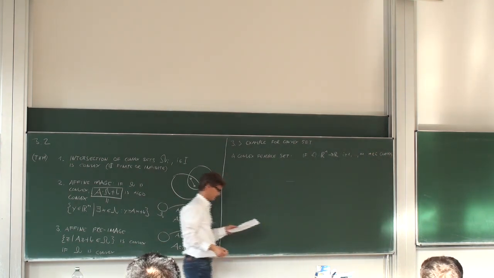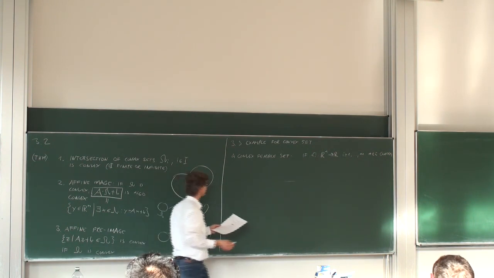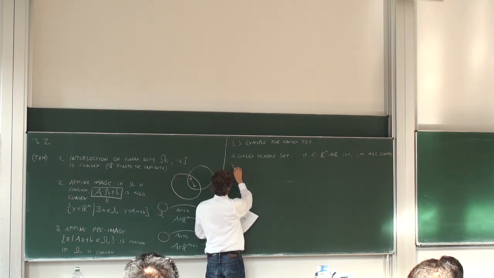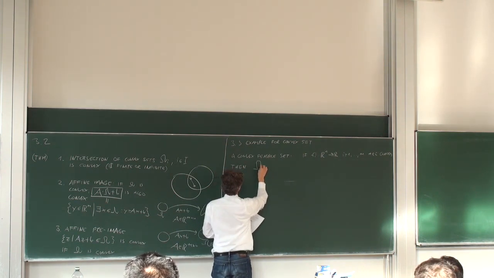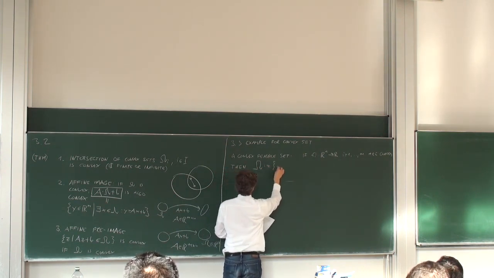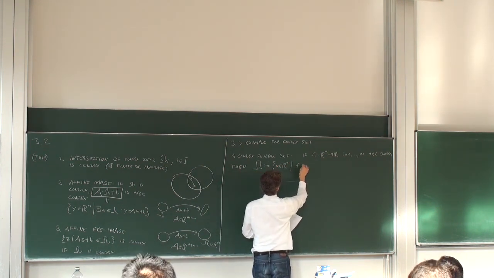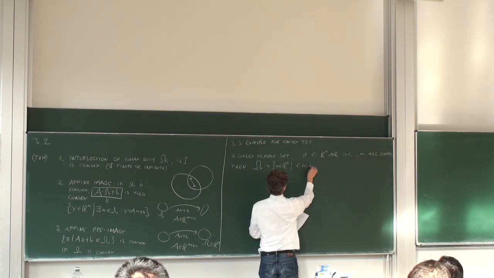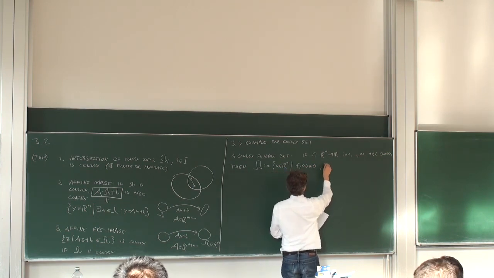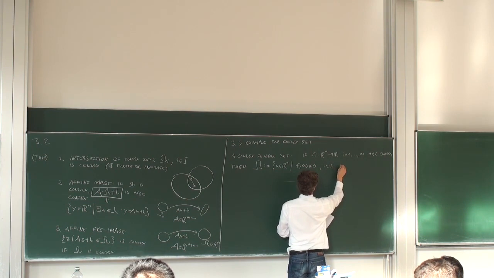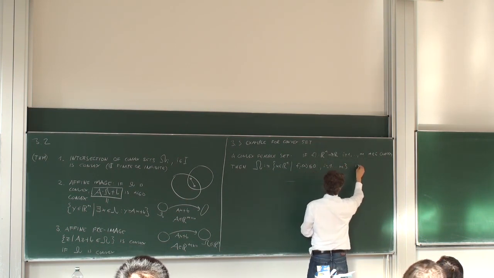Then the feasible set that we define, omega, as the set of all points in R^n which satisfy f_i(x) smaller than or equal to 0 for i from 1 to m, is convex.